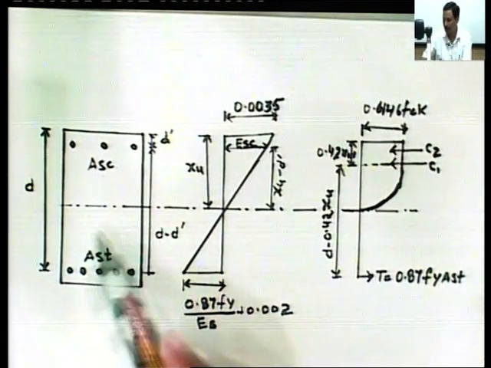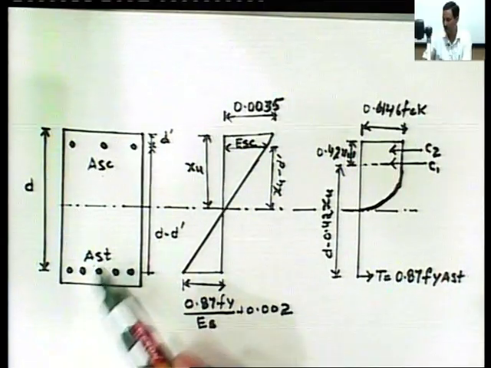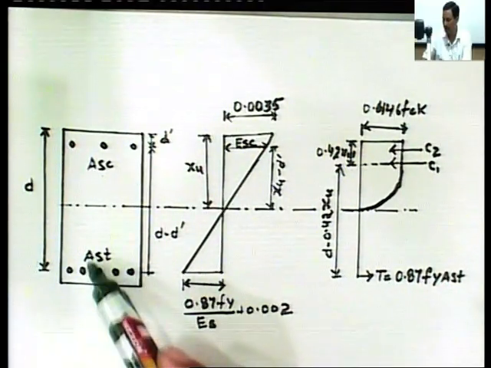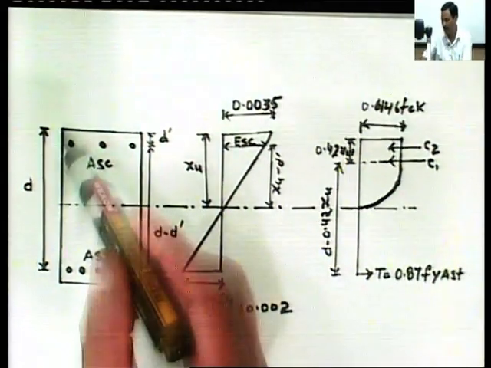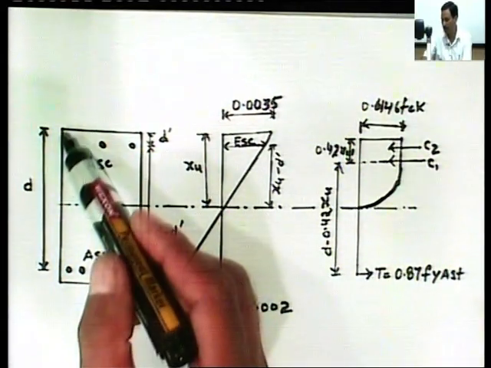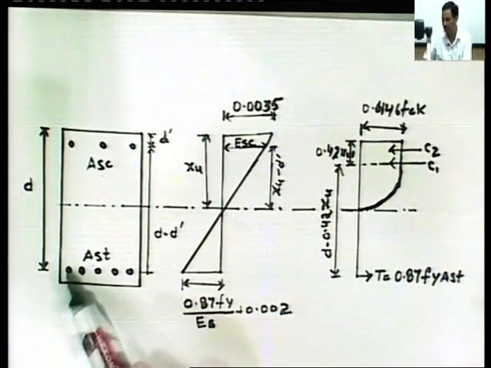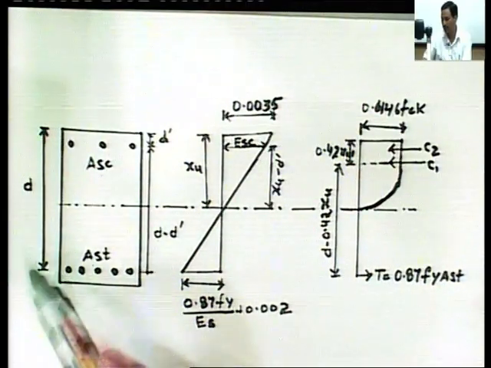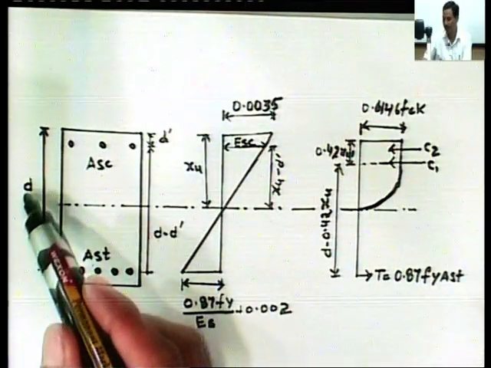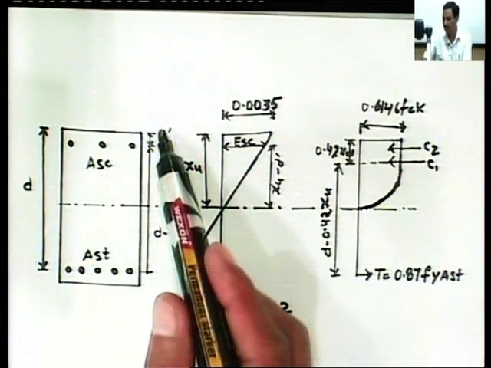This is the tensile zone, and the reinforcement provided in the tensile zone is called tensile reinforcement, denoted by Ast. This is the effective depth of the beam, the distance from the top edge of the beam to the center of tensile reinforcement, denoted by small d. And d dash is the effective cover for compression reinforcement.